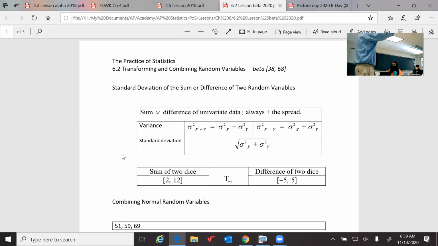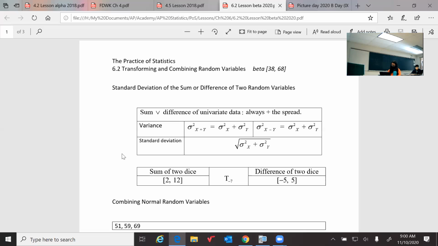But if you subtract them, what's the lowest number you can get? 1 take away 6 would be a negative 5. What's the highest number you get? 6 take away 1 is 5. So instead of going from 2 to 12, the distribution goes from negative 5 to 5.